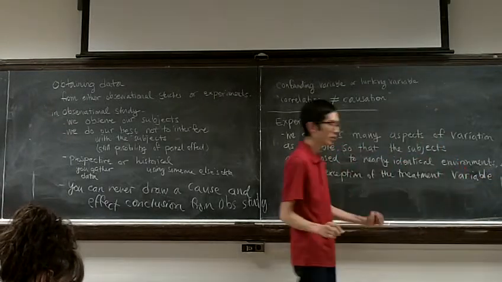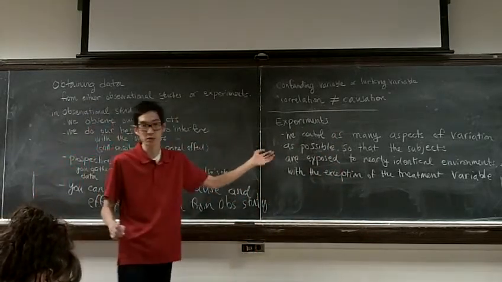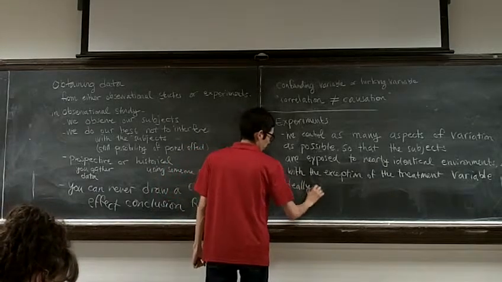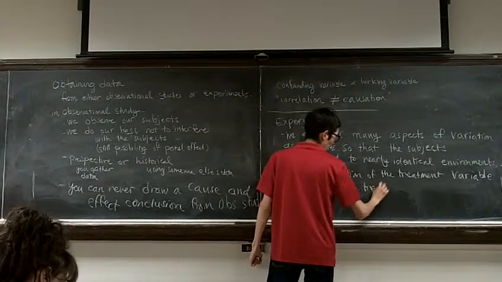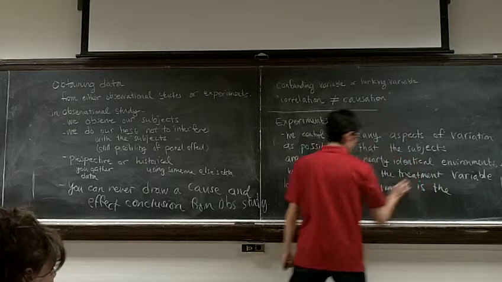So we only want the treatment variable to be the thing that's different between our groups of subjects. Ideally, only the treatment is the thing that differs.